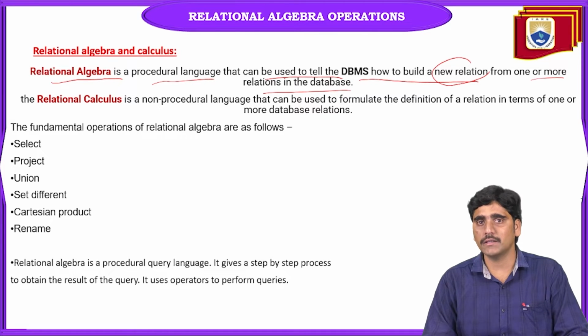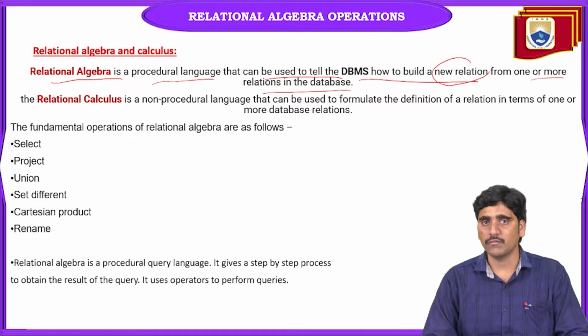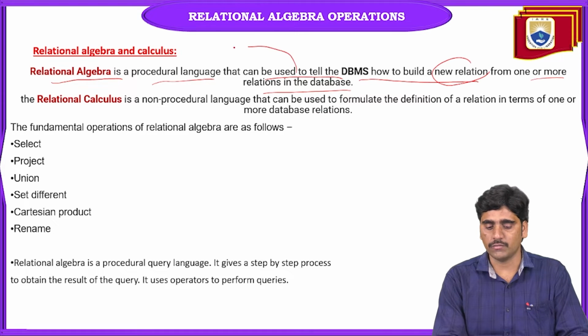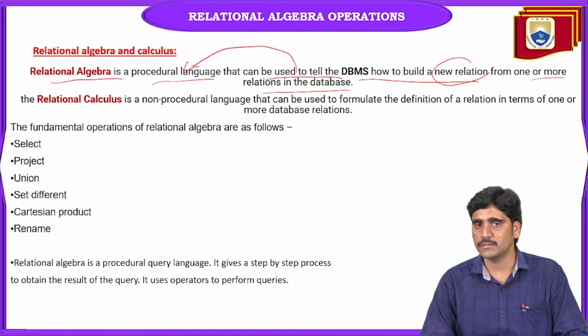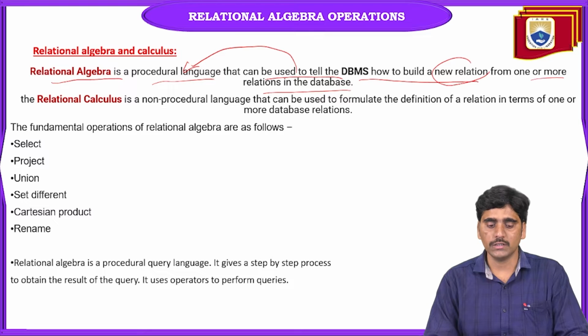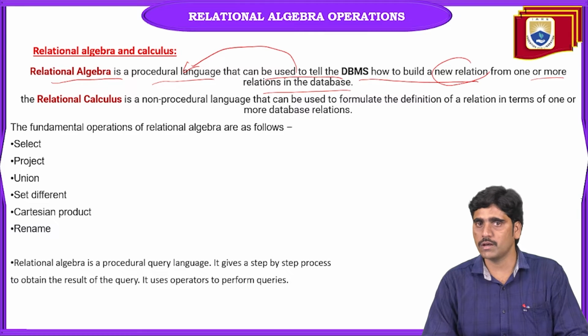Building the relationship between more than one table, using a procedural language, is called relational algebra. It can be used for two tables, three tables, or multiple tables. It is a procedural language that maintains the relationship between tables.